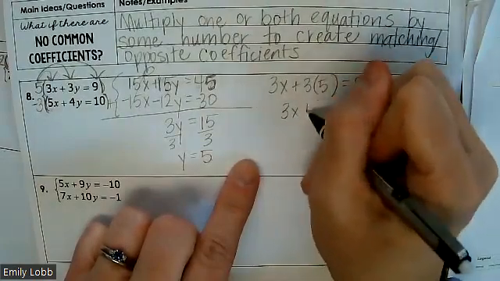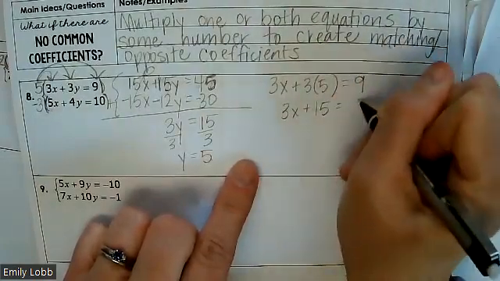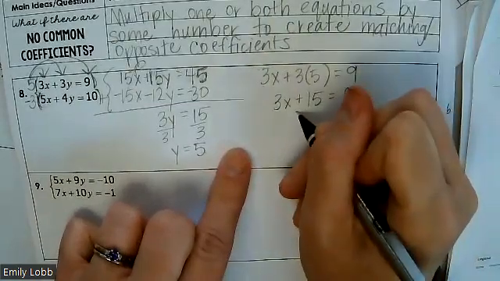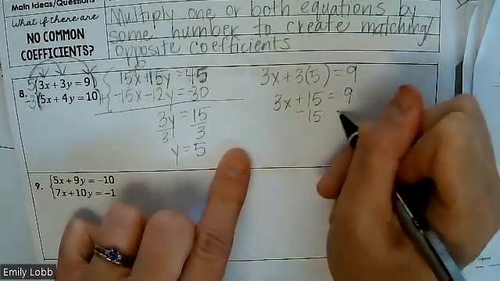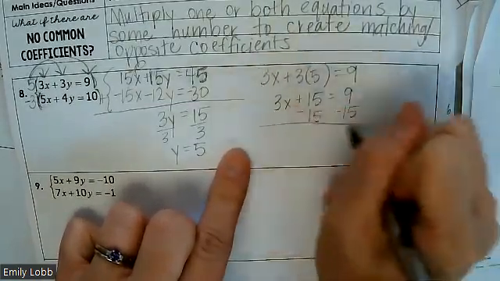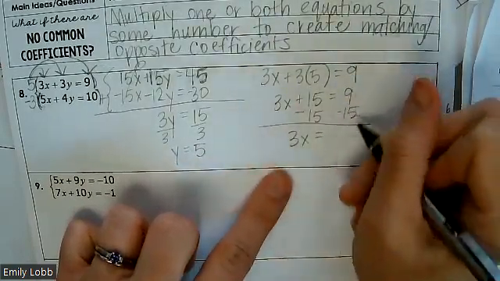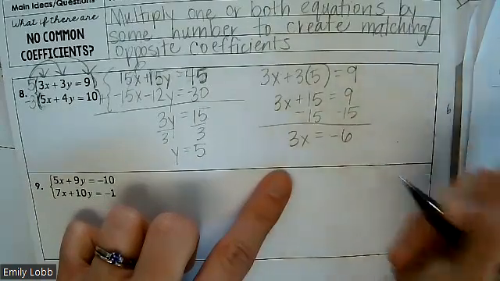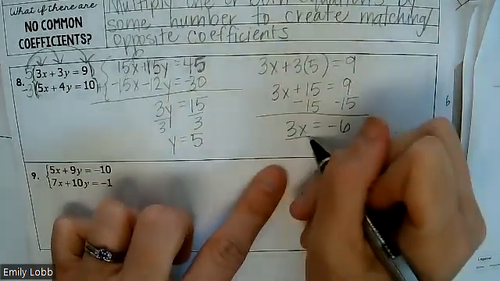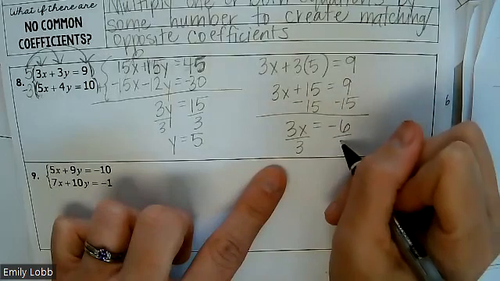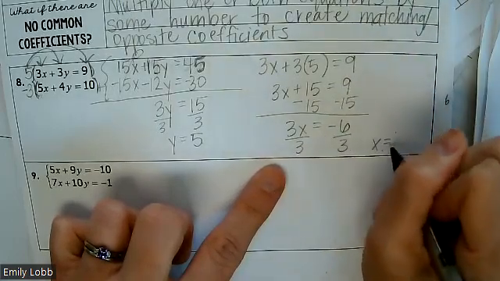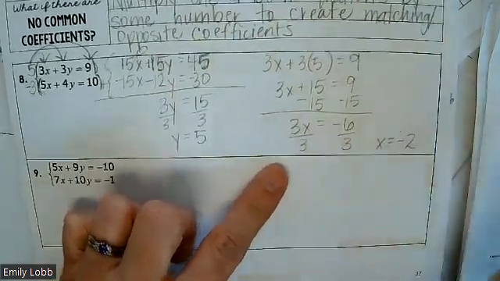So 3x plus 15 is equal to 9. I need to get rid of my constant by taking the opposite of it from both sides. So I'm left with 3x is equal to 9 minus 15 is negative 6. Divide by my coefficient. So x is equal to negative 2.